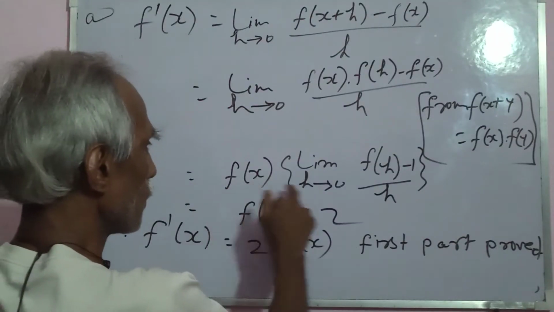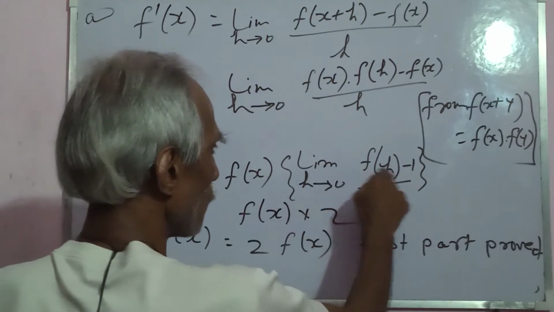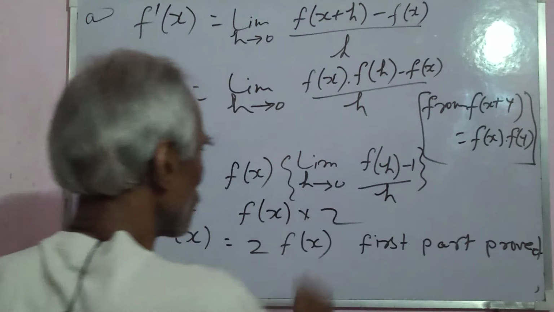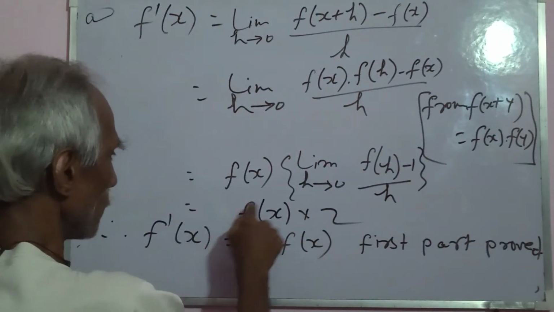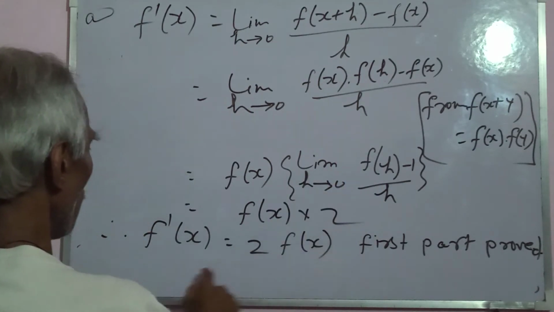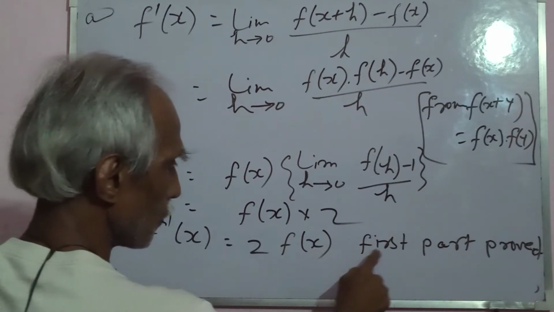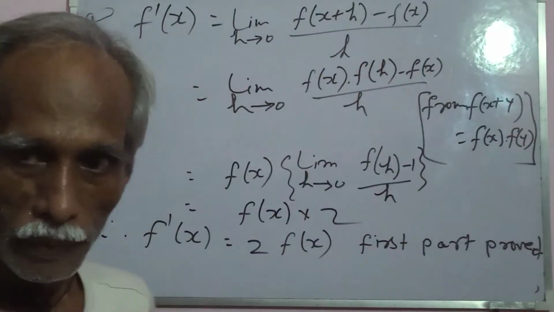Taking f(x) common, the limit as h tends to 0 of (f(h) - 1)/h, the value of this we have found out before, is 2. Therefore, this term can be written as f(x) into 2. And therefore, f'(x) = 2f(x). This is the first part of the sum that is proved here.